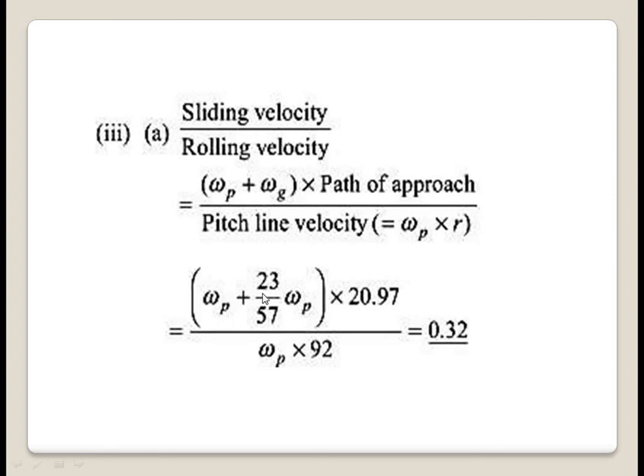What remains is 1 plus 23 divided by 57, and omega p gets cancelled. Calculating, we got the ratio of sliding velocity to rolling velocity at the beginning as 0.32.